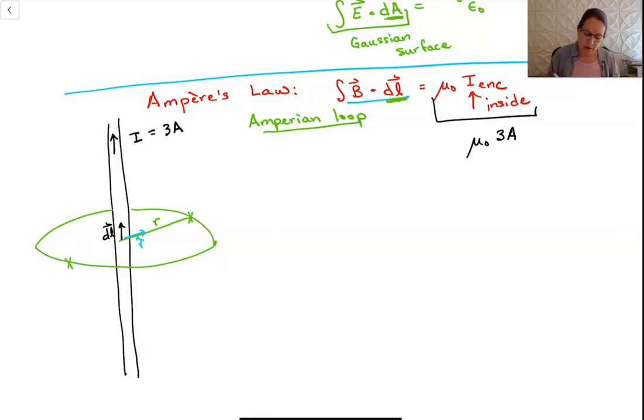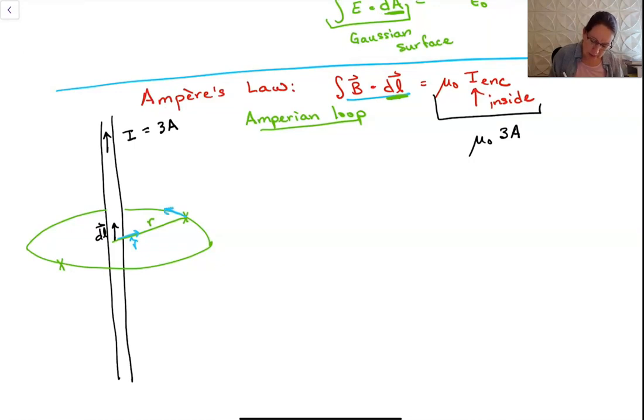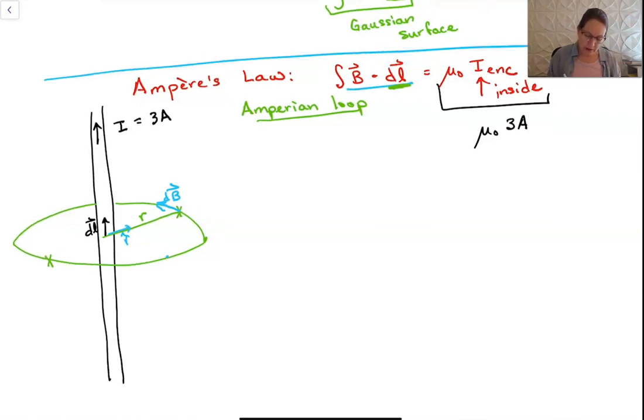Then dl cross r gives me a magnetic field, a little dB that's in that direction. If I look over here, it turns out it's in this direction. Do check it. And so what we get is a new, easier right-hand rule.